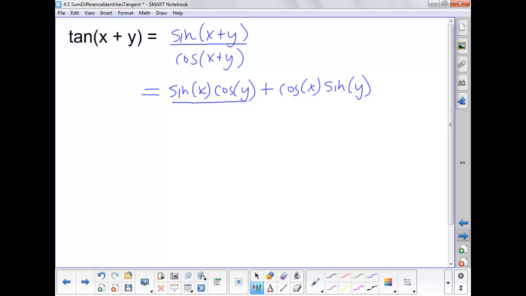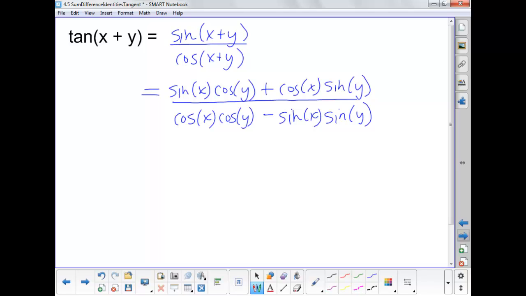That would be my new numerator. And similarly, cos of x plus y should be cos of x cos of y minus sine of x times sine of y.